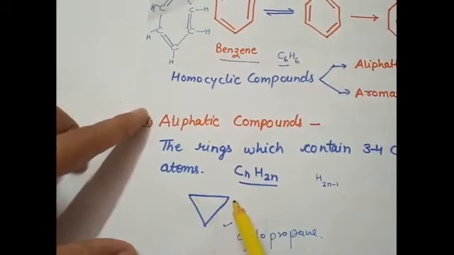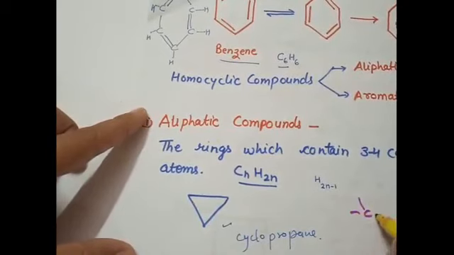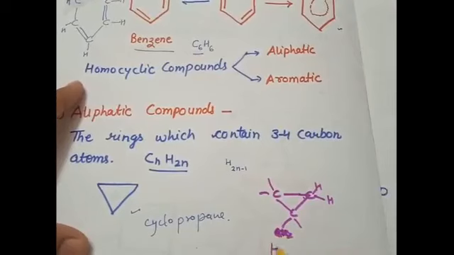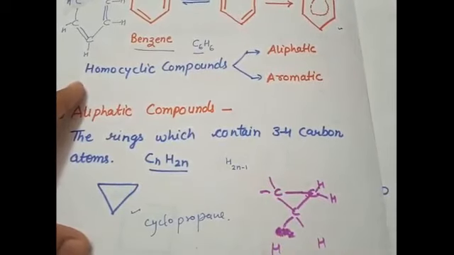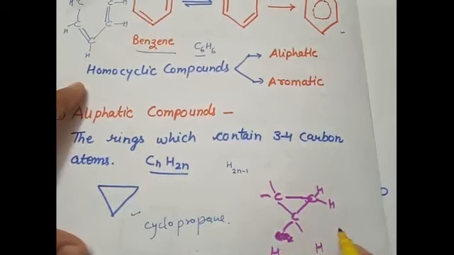So it has 3 carbons and it has CH2 here, here also we will have CH2, and here also we'll have CH2. Here we will have H, not this H and H. So this way we will have the cyclopropane structure.